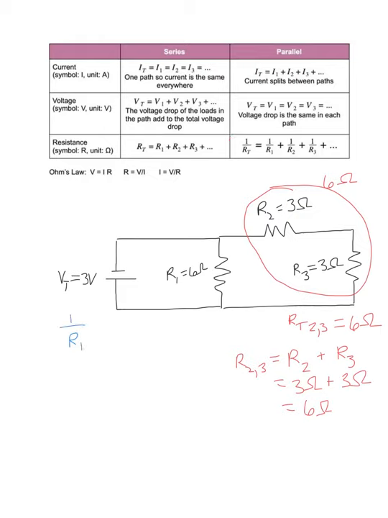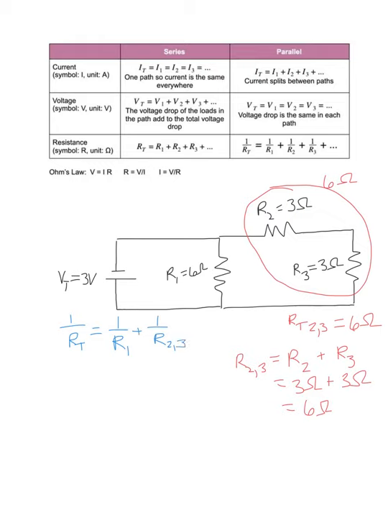So to find the total resistance, we'll use 1 over RT is equal to 1 over R1, and then we're going to use that combined resistance as our second resistor. So it's like we have just the two resistors in parallel. And that would be 1 over R 2,3.